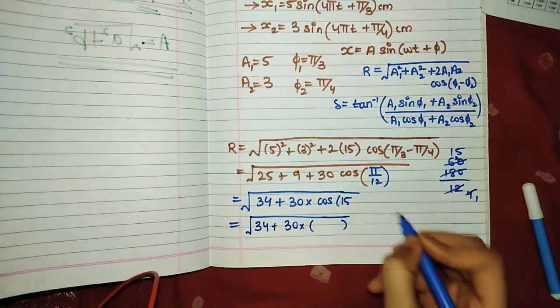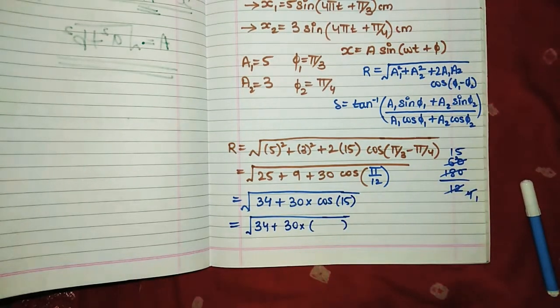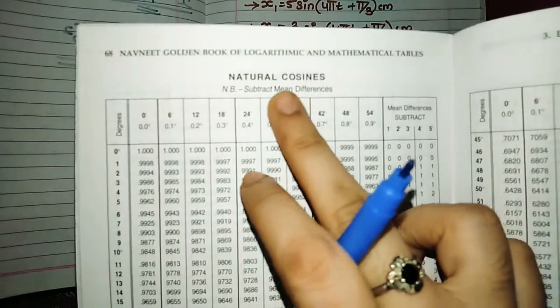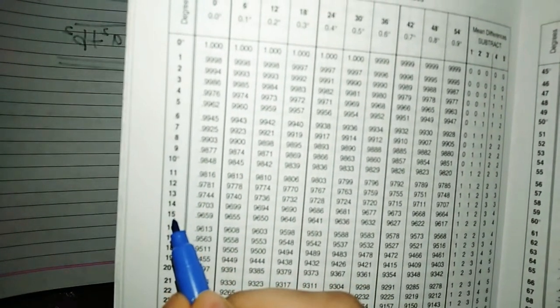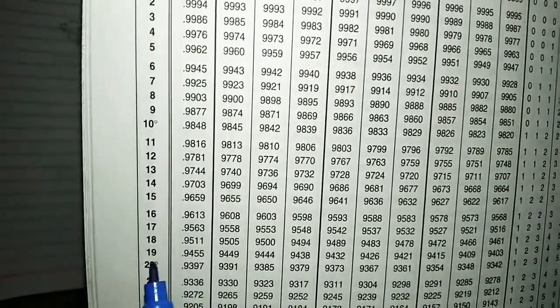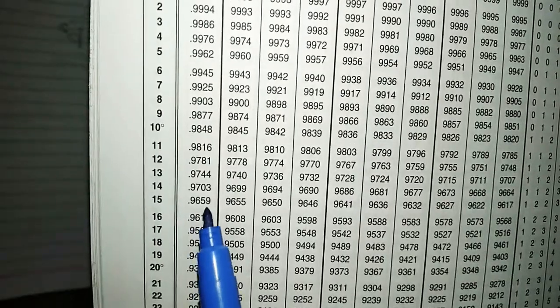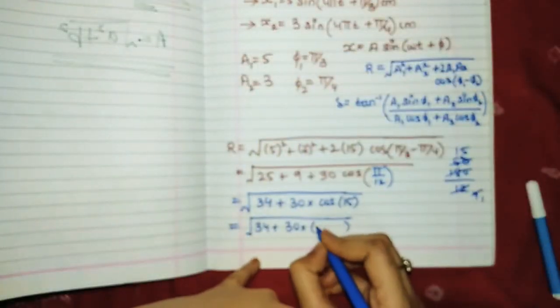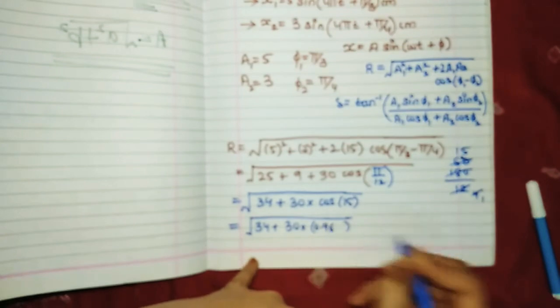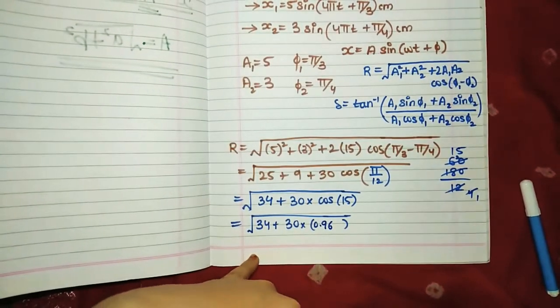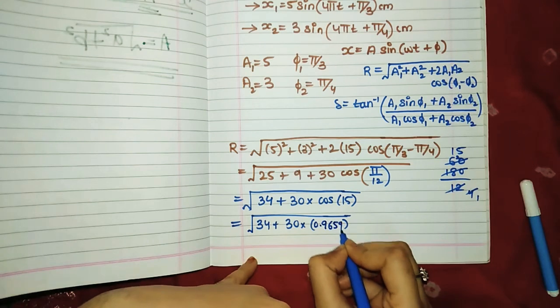Let's see what is cos of 15. We'll open the natural cosine. For 15 it is 0.9659 in natural cosine. So we'll write that 0.9659.